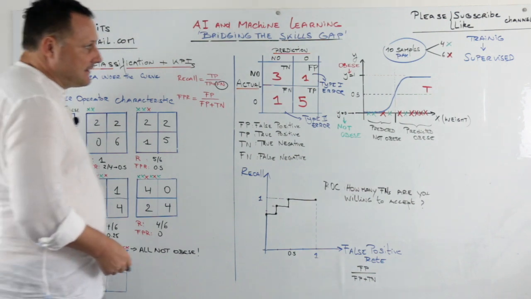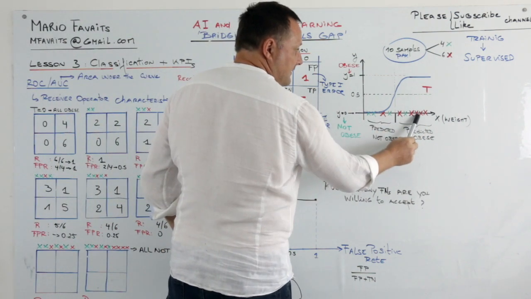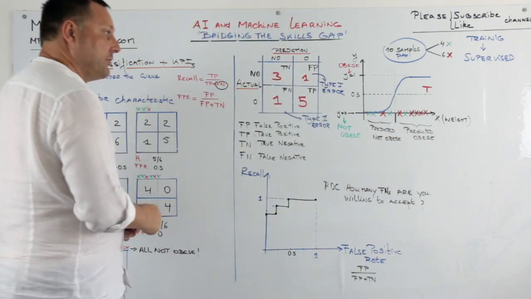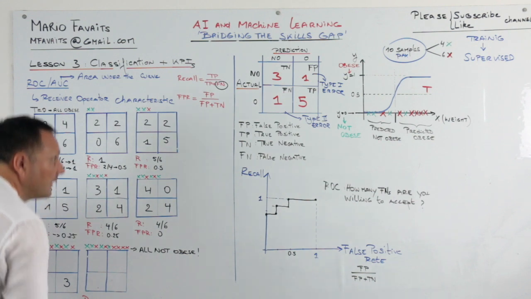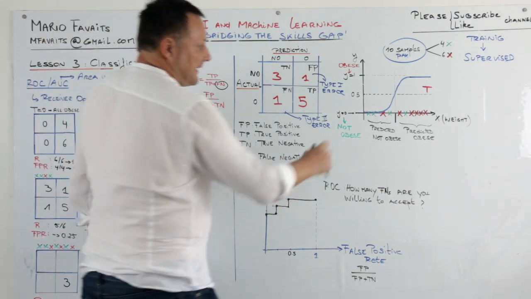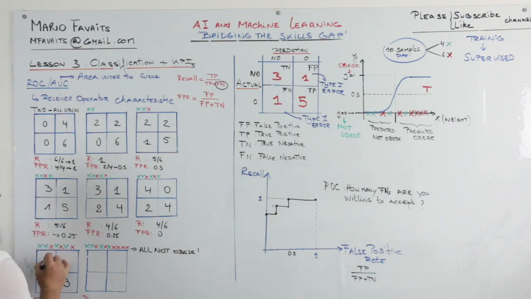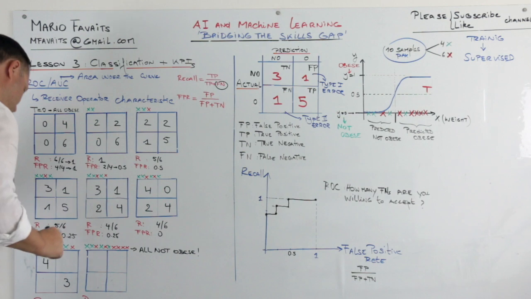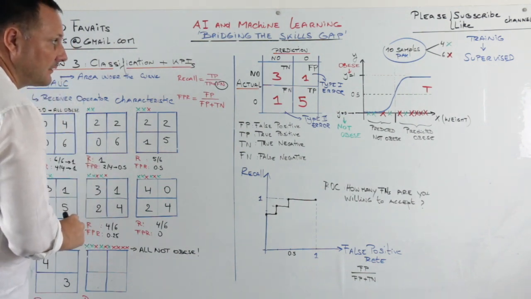Okay, next we take this red one in. This means that this will be obese, so true positives are 3. True negatives still 4 in this case. How many false positives? None.